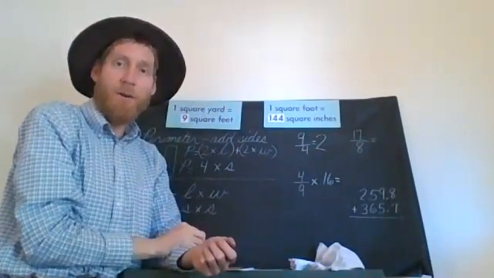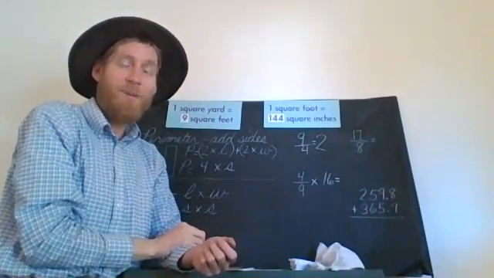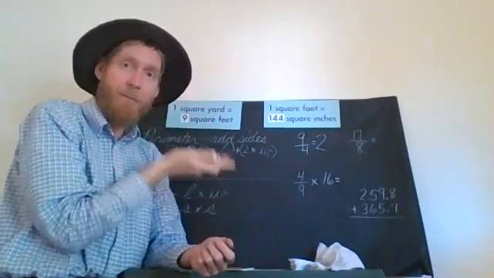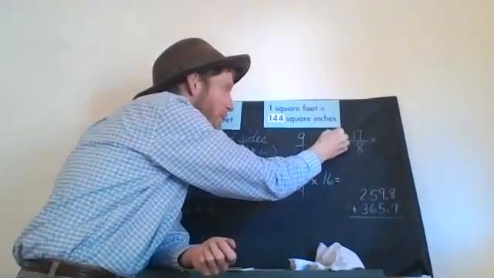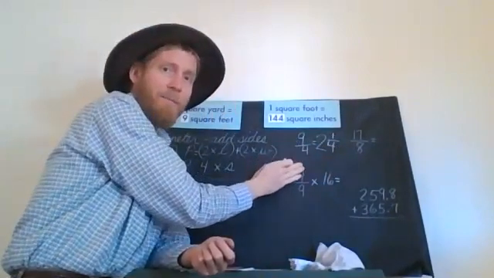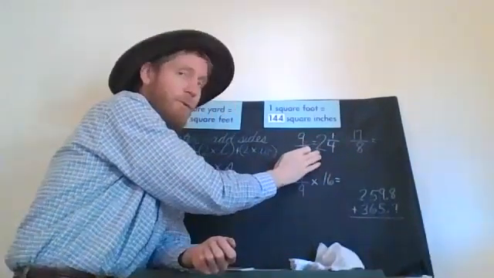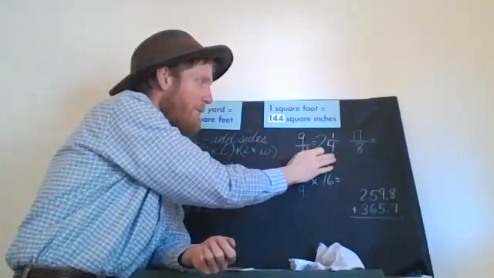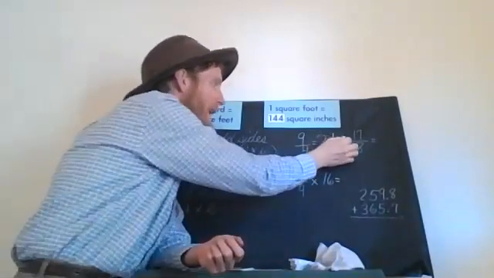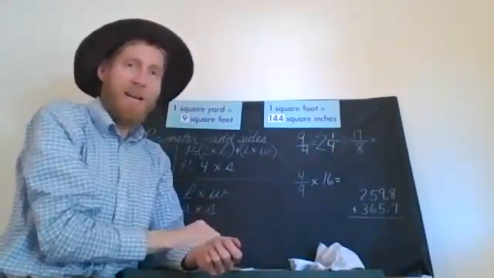How much is left over? 1, because 1 more will make 9. So we have 1, and then the denominator stays the same. So we have 2 and 1/4. That's a mixed number now, isn't it?